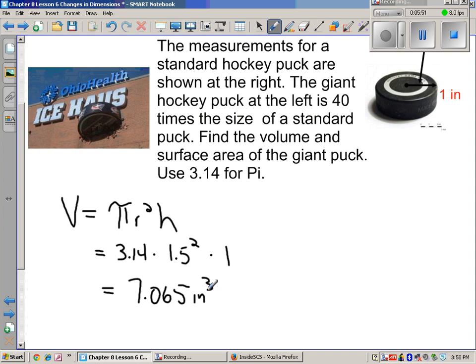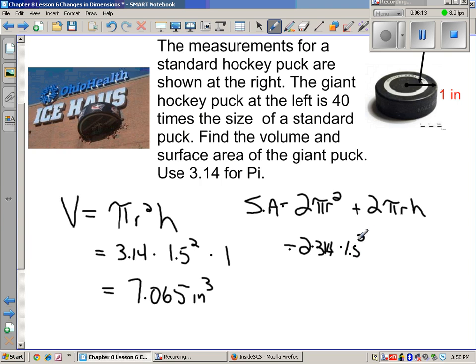Now we're going to look at our surface area. Surface area is 2 pi r squared plus 2 pi r h. Now we're just going to plug in what we have. 2 times 3.14 times our radius, 1.5 squared, plus 2 times 3.14 times our radius of 1.5 times 1.